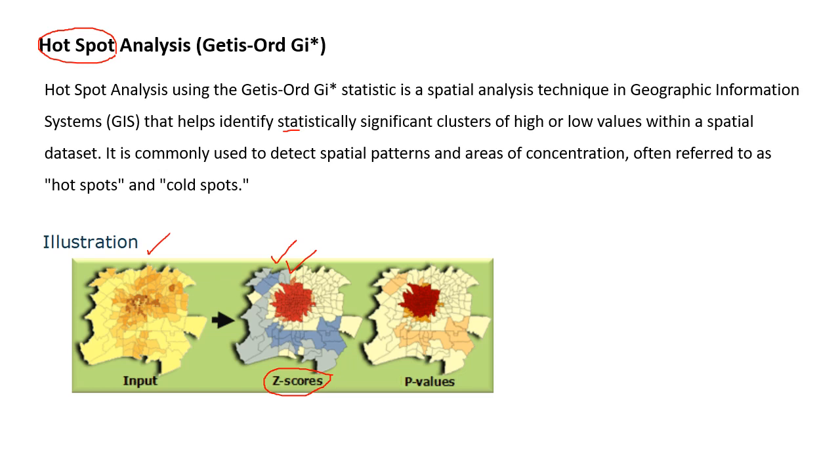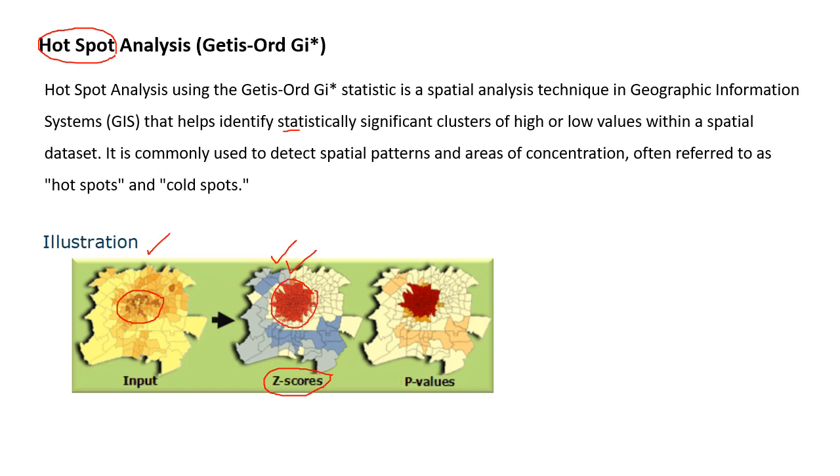You see, this point is also giving you a high value indication, but it is not in the hotspot area. It is statistically insignificant, because it is not making a hot spot area. Why did it make a large hotspot here?